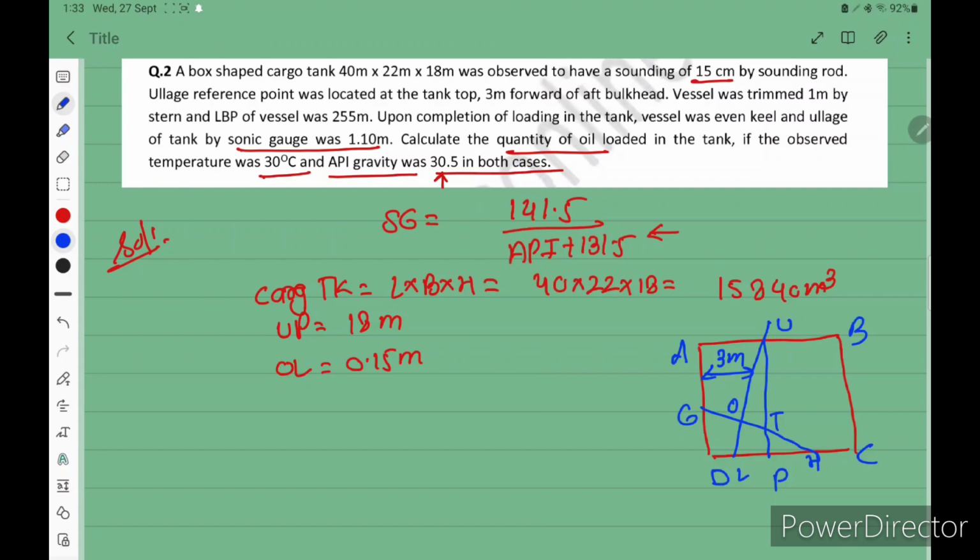UP is given in the question, total height. OL is given, this one is 0.15, we convert 15 centimeters into meters. Now we have to put UL is equal to UP into sec tan inverse trim by LBP.